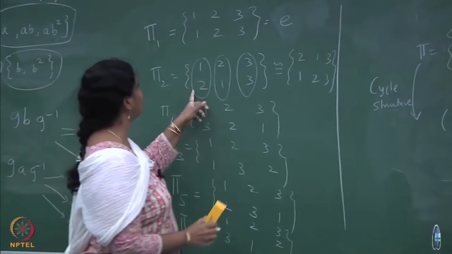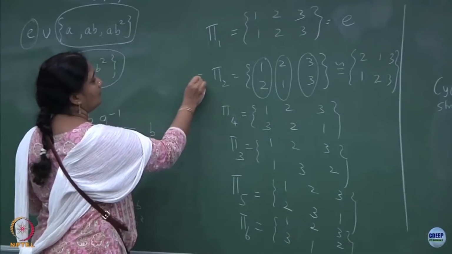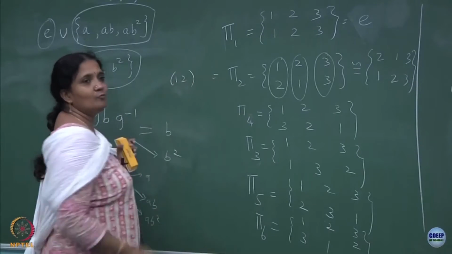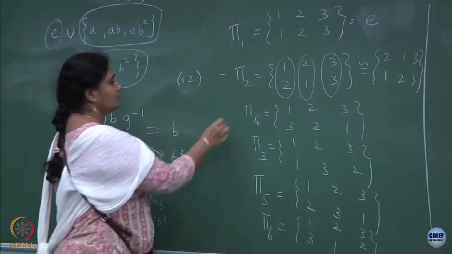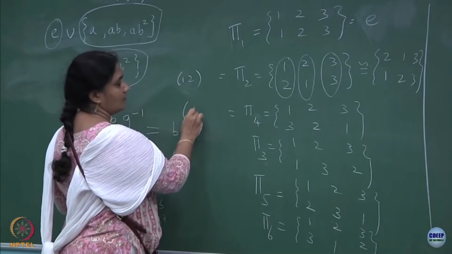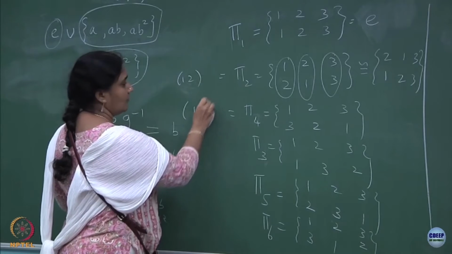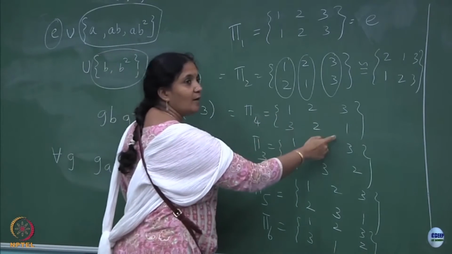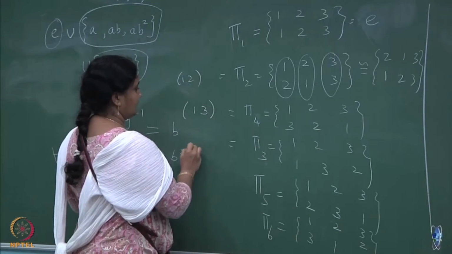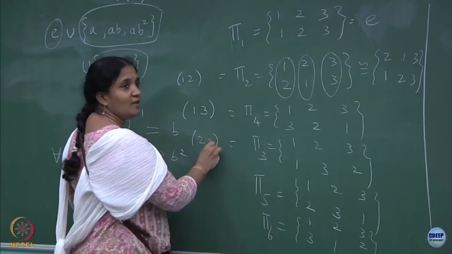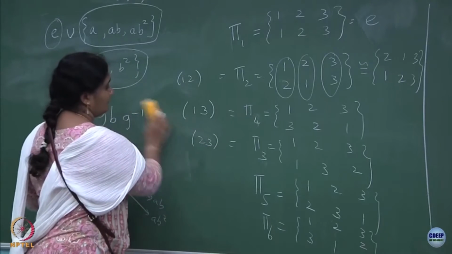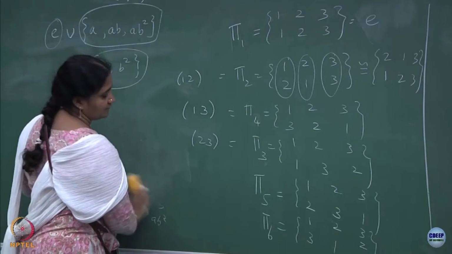What about this? (1 2). This one will be (1 3), this one is (2 3), cycle structure.